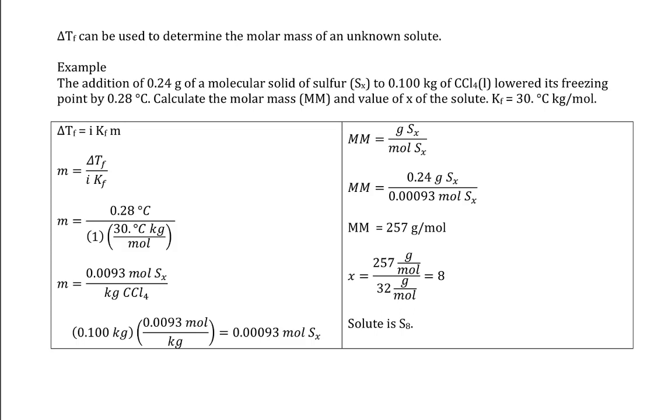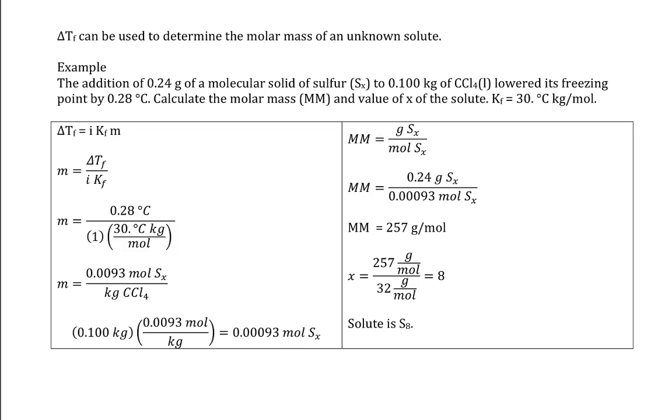That is delta T sub F. And we want to find the molar mass of Sx and the value of X. Okay, so the molar mass is grams of Sx per mole of Sx. We know the grams of it to be 0.24, but we don't at the moment know the moles.